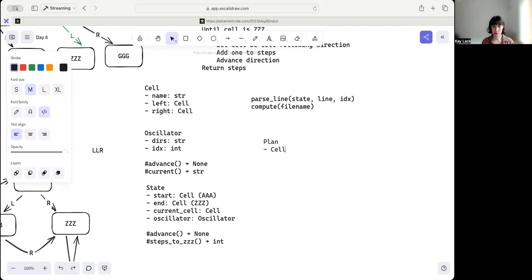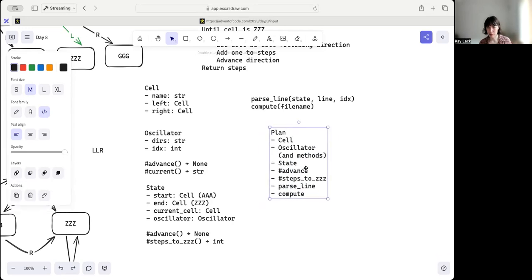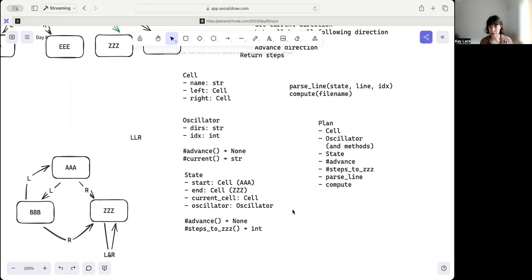So cell, isolator, methods, state, advance steps to ZZZ, pass line, compute, and then we win, I think.